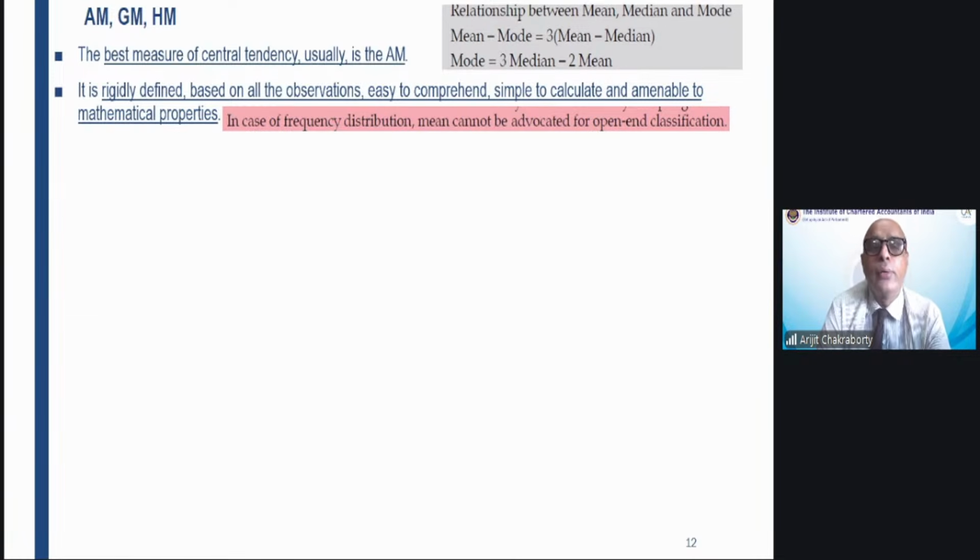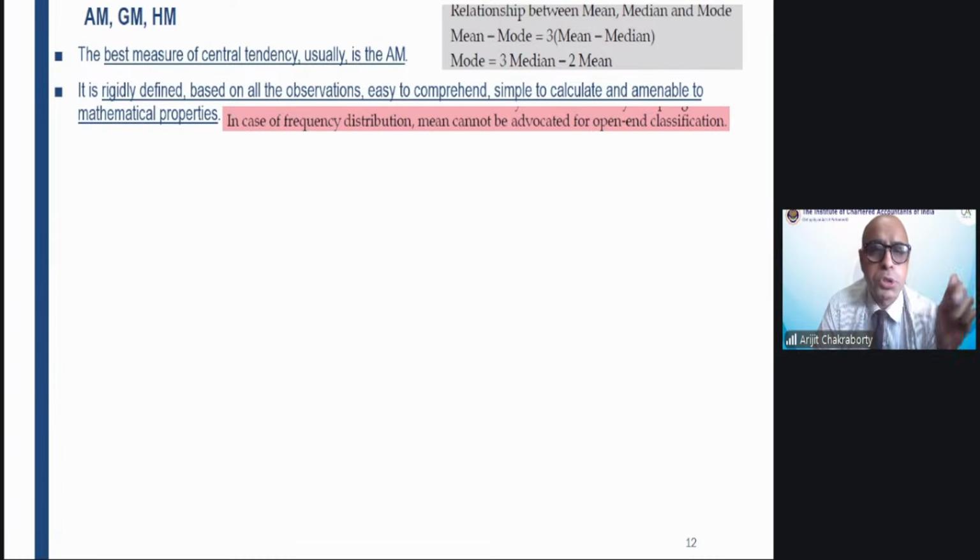It is defined rigidly, it is based on all observations, easy to understand, easier to calculate, and it can be used for further algebraic treatment. However, please remember, in case of a frequency distribution with an open-end classification, mean cannot be calculated. Mean cannot be used. It will not be advisable to use mean.